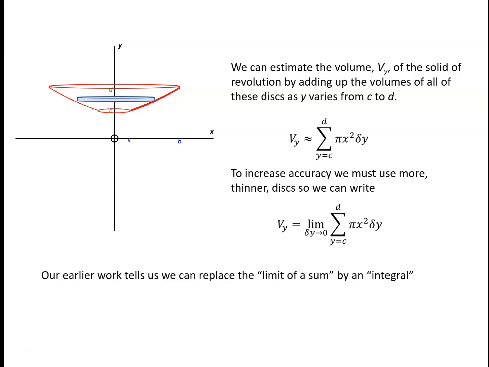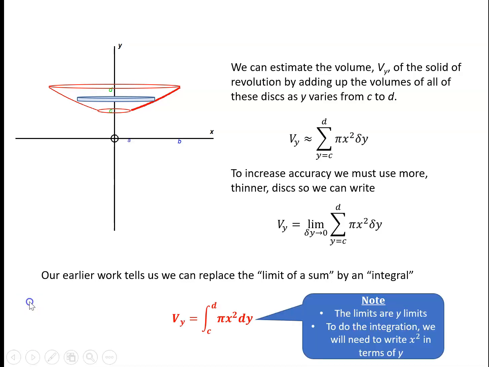Now we saw previously that we can replace this idea of a limit of a sum by an integral. So we could say that Vy is the integral between c and d of pi x squared integrated with respect to y. Now there's a couple of important things to note about this formula.